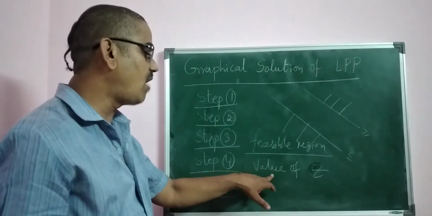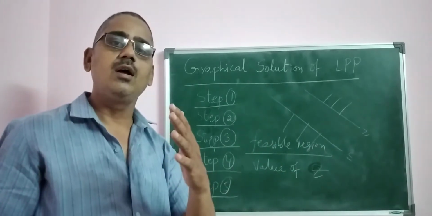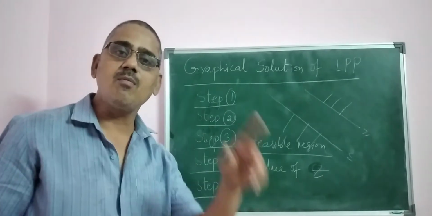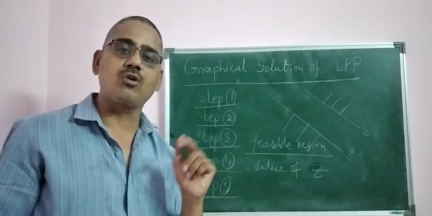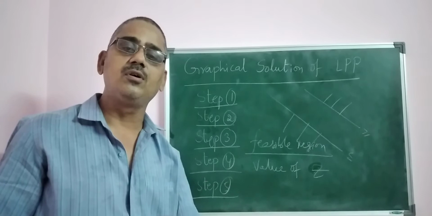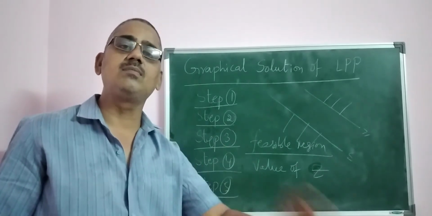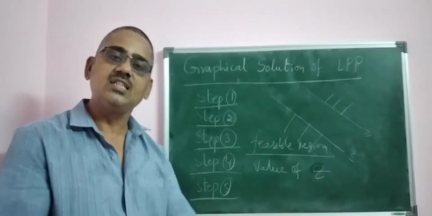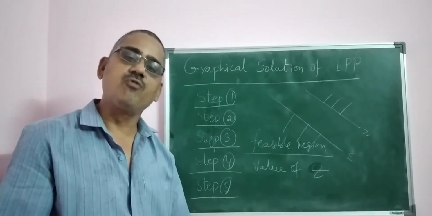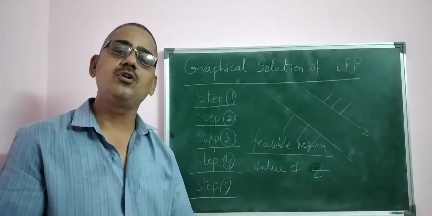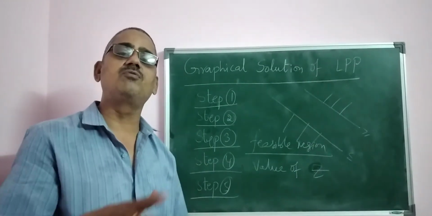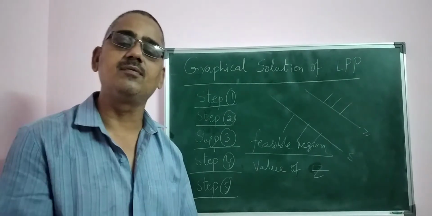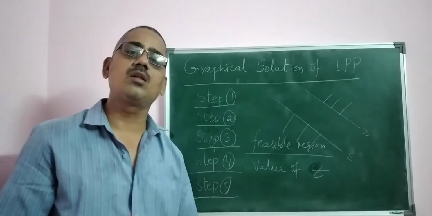For example, if the values of z are 10, 12, 18, 16, 4, 5, you find the one which gives the maximum value of z. Similarly, to find the minimum value of z, you select the minimum value among all the values of z. That is the procedure.